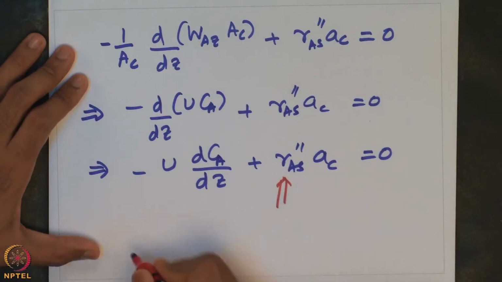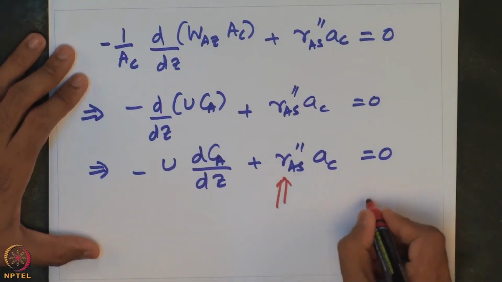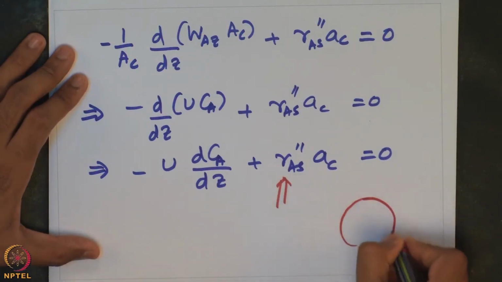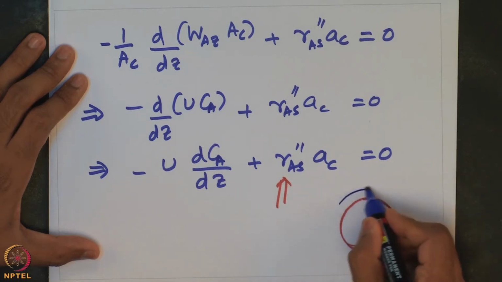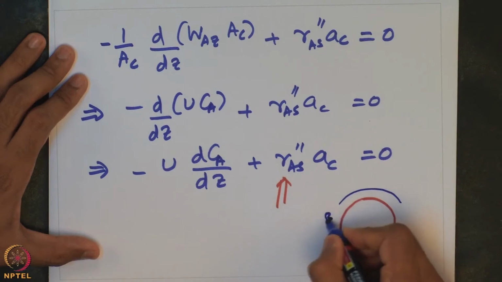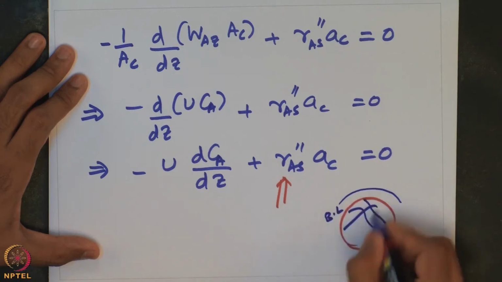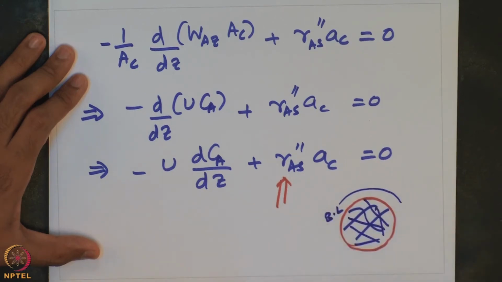Now, we observed in the previous lectures that if there is a catalyst particle at any location, and let us say that we have a boundary layer, this is the boundary layer, and there are of course pores inside the catalyst pellet.